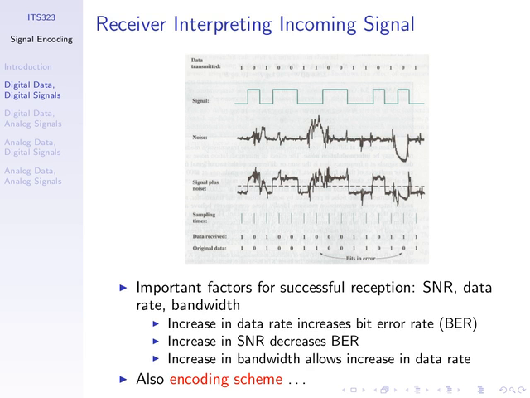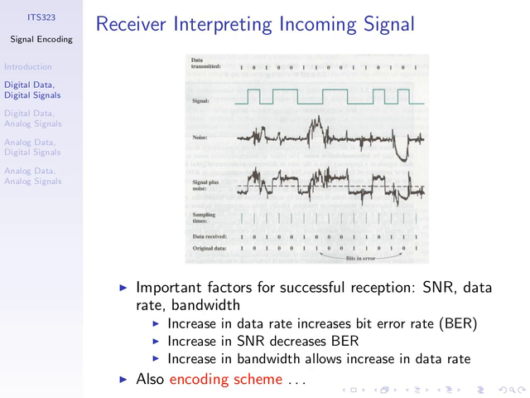If noise goes lower, SNR goes higher and the bit error rate goes down. More noise, more errors. This is essentially what this is saying. Increasing the bandwidth increases our data rate. So these factors impact how successfully we can receive.